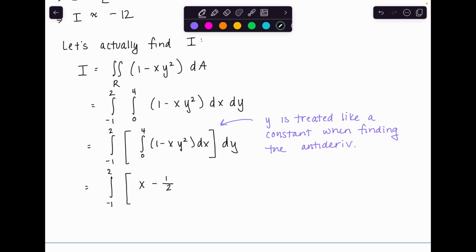And that y just stays attached. And then I'm going to use these bounds from 0 to 4. And again, these are x values. So I still evaluate it the same way, but I'm replacing x by these constants.